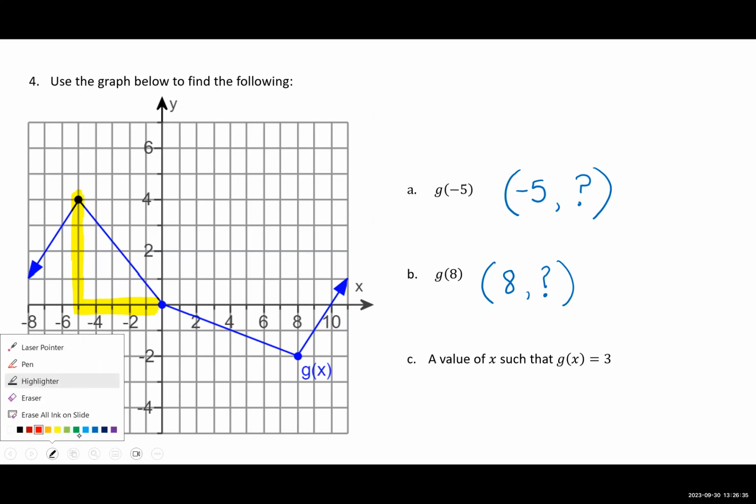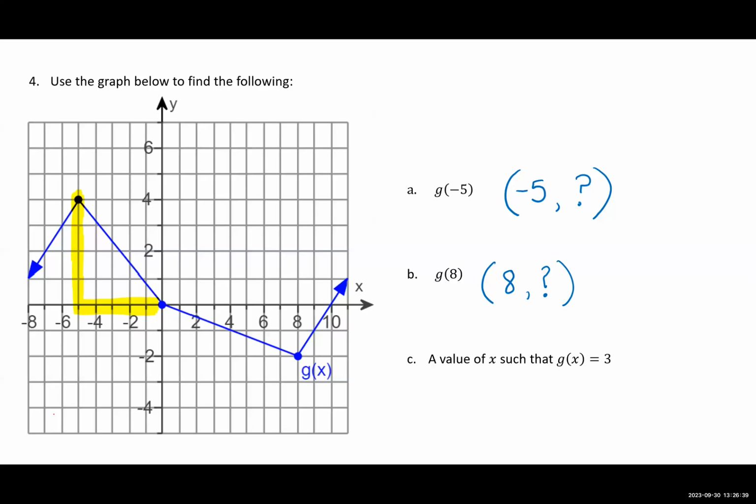Sorry, not a red highlighter. This would be the point, -5 for x, and +4, that's the vertical height, +4 for y. So g of -5 is equal to, this is saying, what is the y value? g of -5. What is the y value on the graph of g? When x is -5, the y value would be 4.